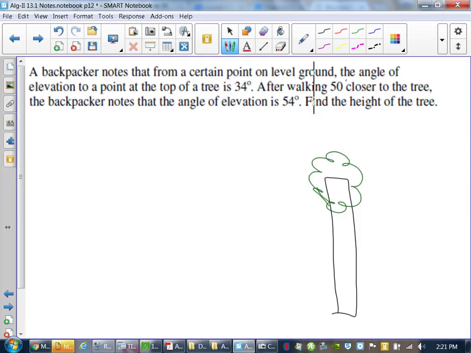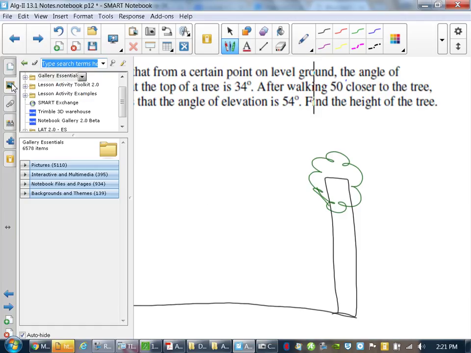Level ground. It kind of goes... Is this what you're using X and stuff? Give you a point.